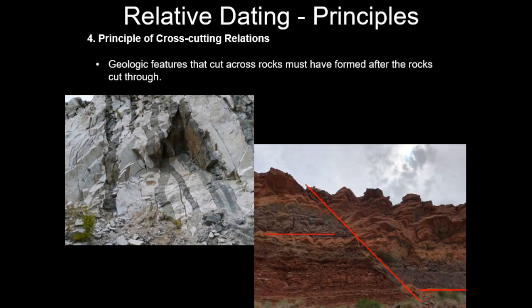The fourth principle is the principle of cross-cutting relations, and this principle states that geologic features that cut across rocks must have formed after the rocks that they cut through. So, as you can see in the picture on the left, the dark mafic dikes, which again, remember, dikes are tabular intrusive igneous bodies. We covered that in chapter 4.